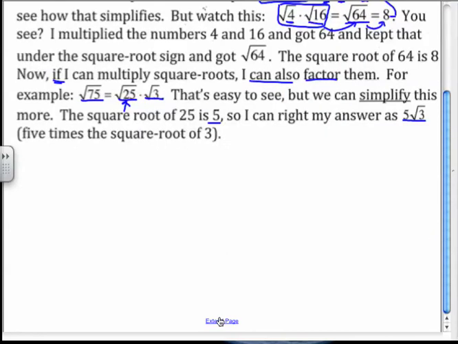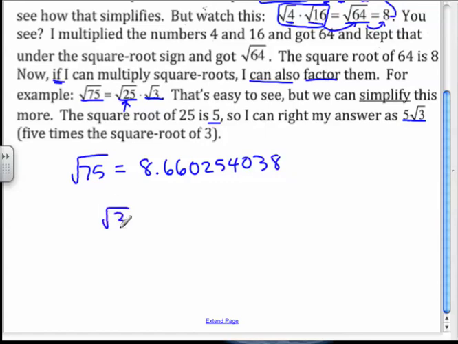Now, if you take your calculator and you punch in the square root of 75, let me get my old trusty calculator out here. Trusty calculator is going to say that the square root of 75 is equal to, and you guys are probably already ahead of me, 8.660254038. Now, what I'm going to do is I'm going to find the square root of 3.